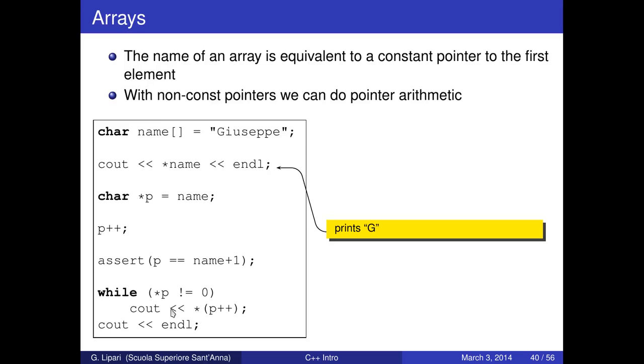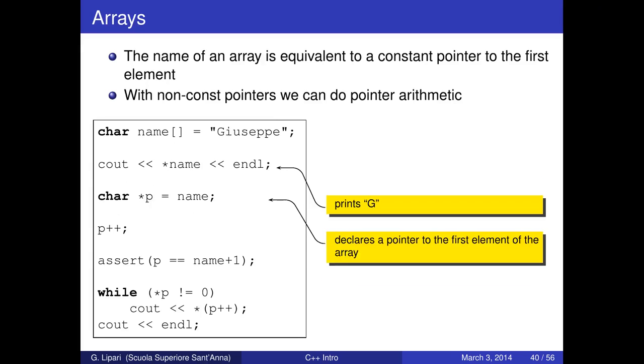For example, I have here an array of characters, name, with my name, and if I do cout star name, as I said, name is also the pointer to the first element of the array, so cout star name will print g. Of course I can also define a pointer p that points to the first element of the array, like that.